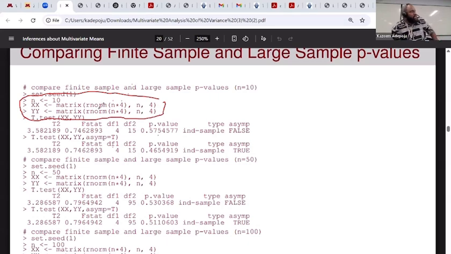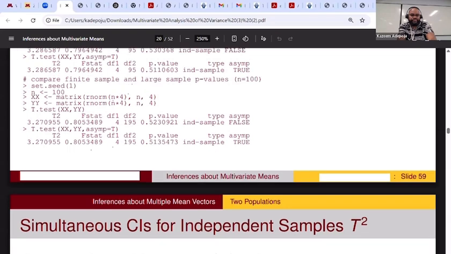To artificially simulate data from the normal in R, it's going to be rnorm. So we can compare between the finite and the asymptotic. That is what this page is talking about.